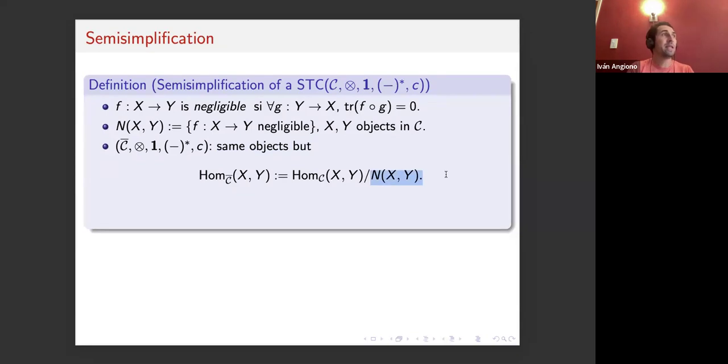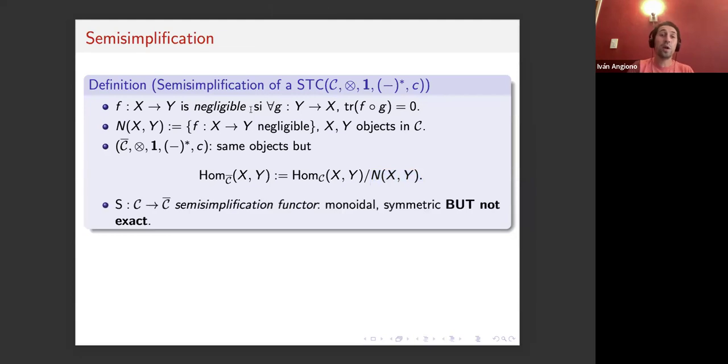Let me say that essentially this is related with the idea to kill nilpotent elements, more or less. So the endomorphism of an object X is an algebra, and you want to kill all the nilpotent elements in such a way that all the endomorphism algebras become semi-simple. This is the idea behind this process. But you do this in a general way for the whole category, let me say.